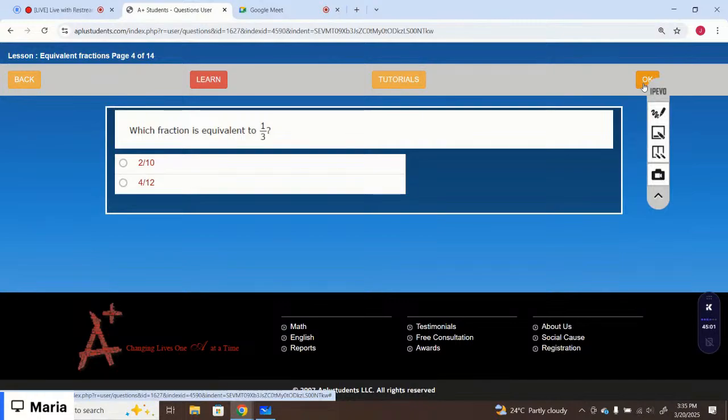Which fraction is equivalent to 1 over 3? Option number 2 is the correct option. 4 over 12 it is.